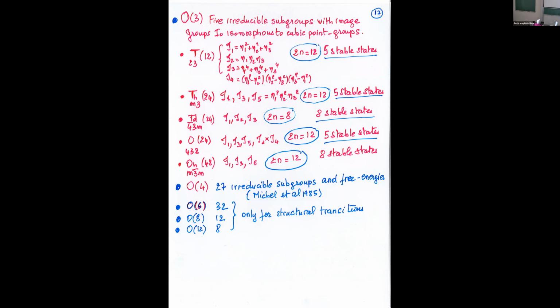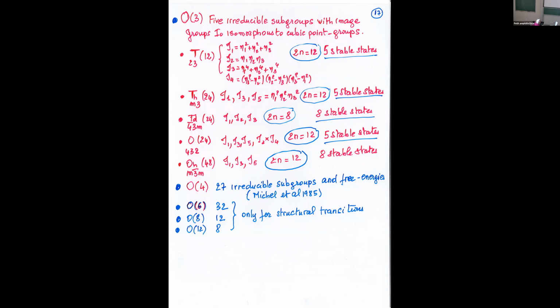Now, this is a result which has been obtained by Louis Michel, my brother, myself, and Edouard Brezin in 1985. We have 27 irreducible subgroups and 3 energy of O4. They are all listed, but only 22 of them might correspond to a second order transition because the 5 others have a cubic term.